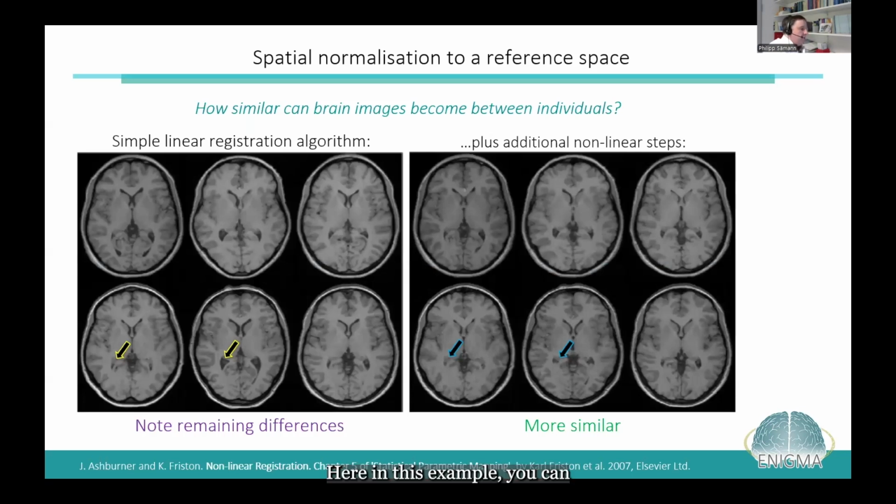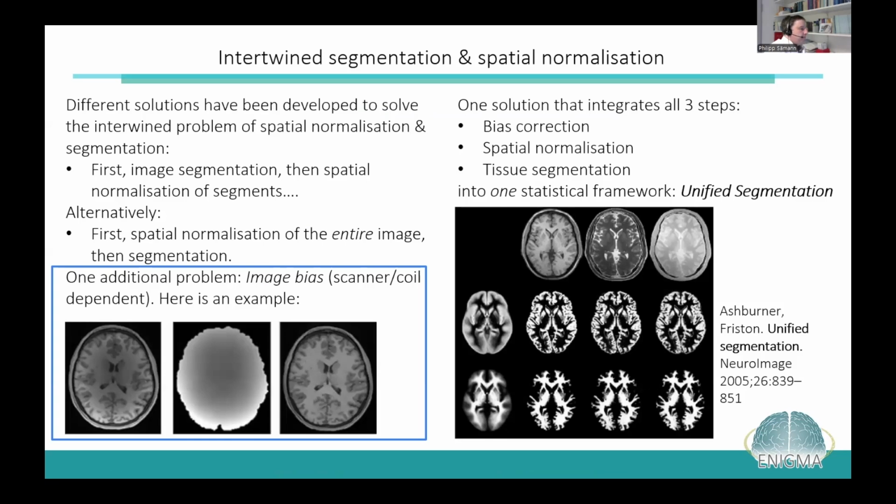Here in this example, you can see how adding these nonlinear steps can, for example, improve the correspondence of the ventricular space. So these yellow arrows still show quite marked differences between the 4th and the 5th individual, whereas adding nonlinear warping steps gives you a better agreement between these brains.